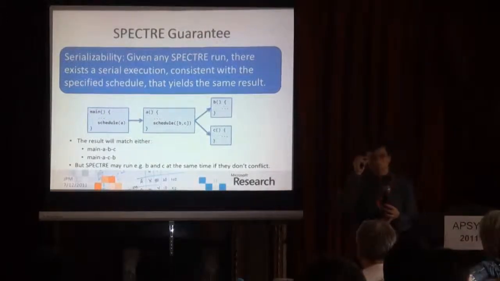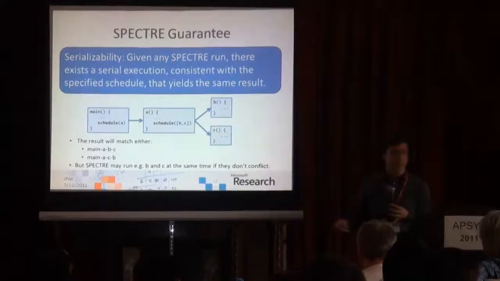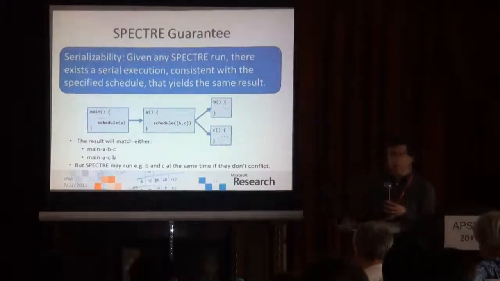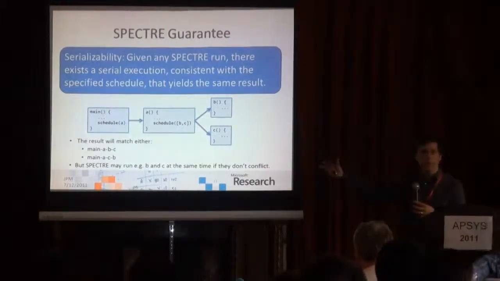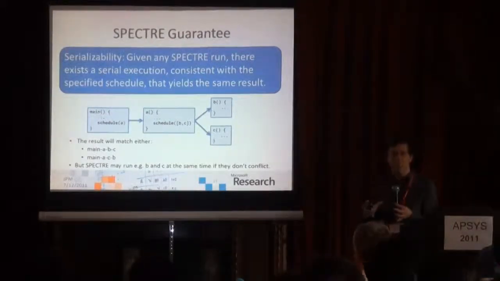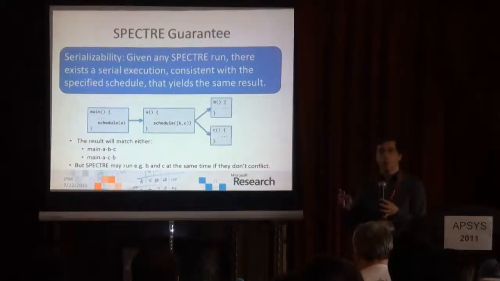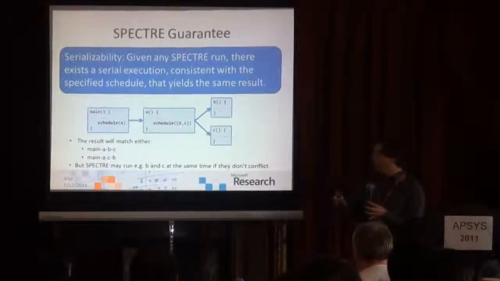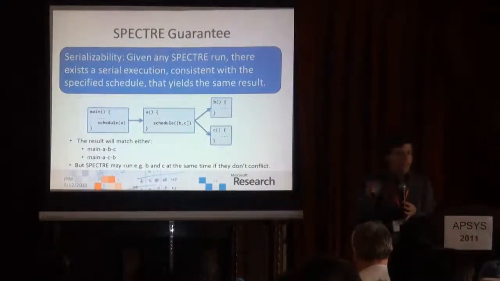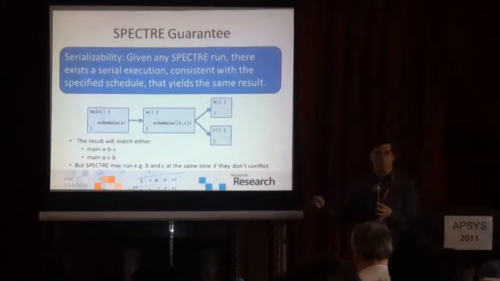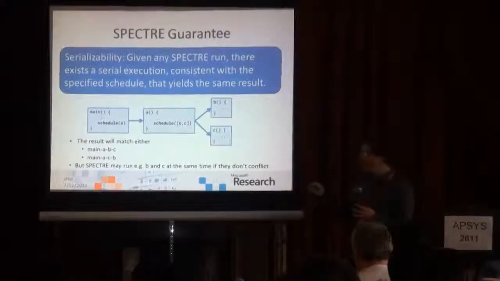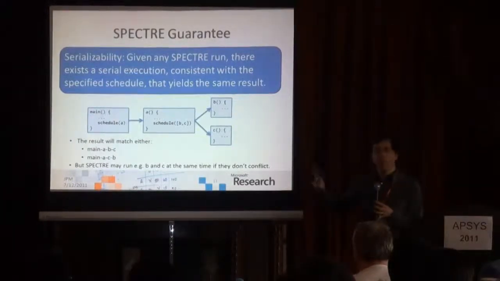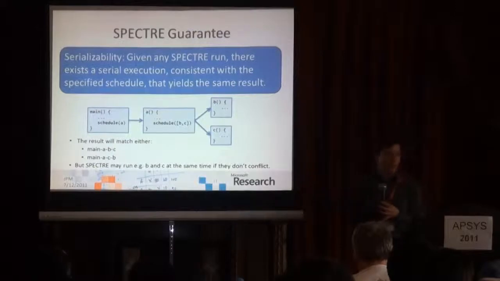So in the example here, what this means is that if this is the program that you gave to the system, and obviously I have dots here, you would have actual computation in there, the result after running this would be the same thing that you would get by running one by one in sequence, first main, then A, then B, and then C, or main, then A, then C, then B. You will get nothing else. So you don't need to worry about accessing these disjoint pieces of data. All you need to worry about is which orders are okay for you.